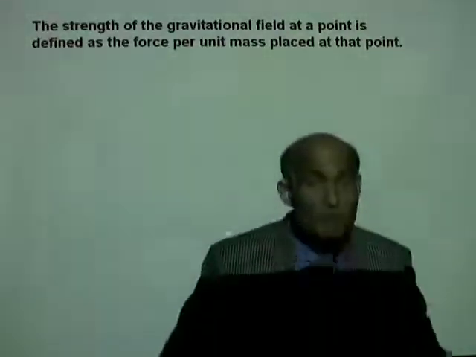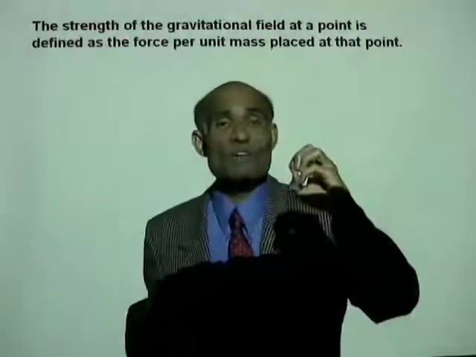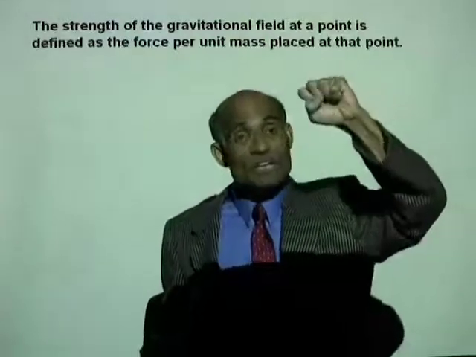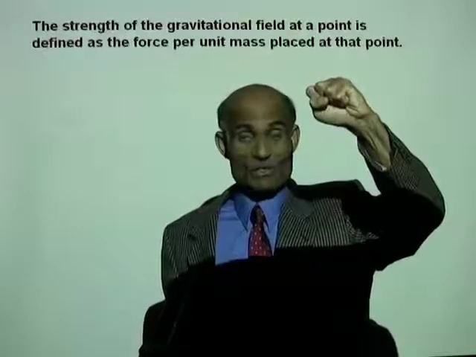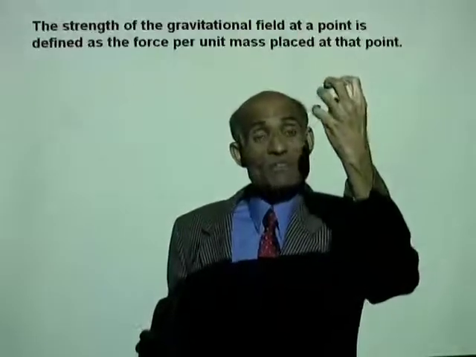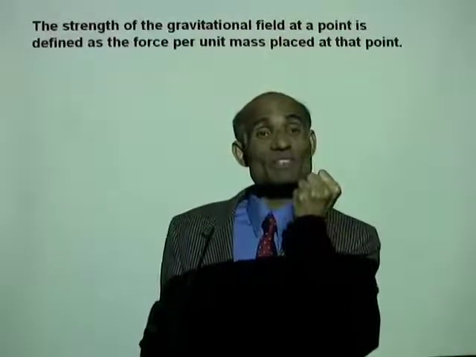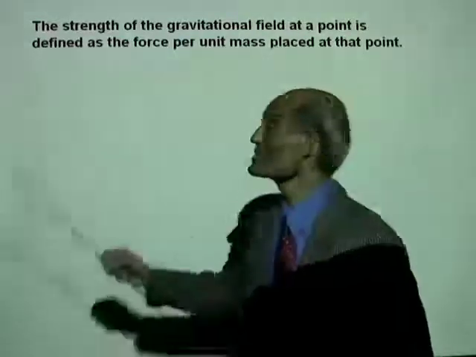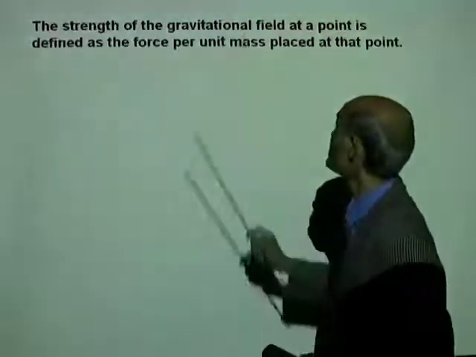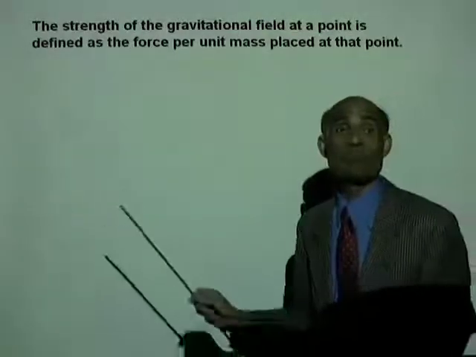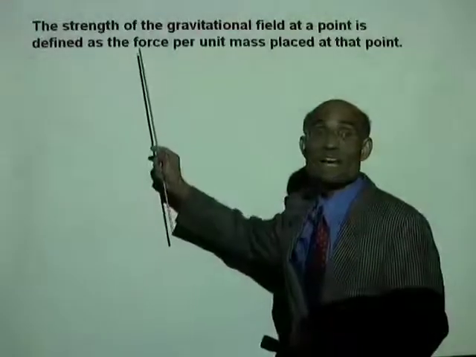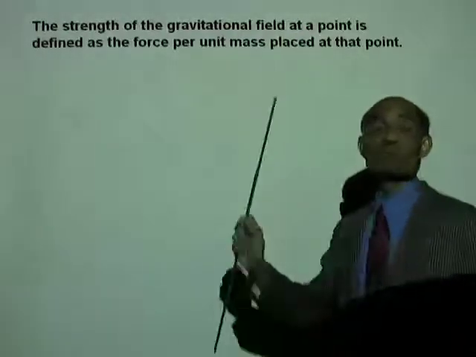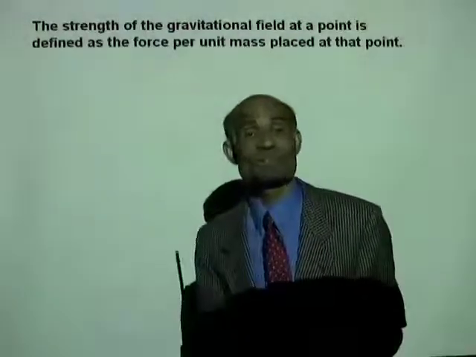So in order to measure the strength of the gravitational force at a given point, you place a unit mass of 1 kilogram and measure the force it experiences, and that will be a measure of the gravitational force. The strength of the gravitational field at a point is defined as the force per unit mass placed at that point.